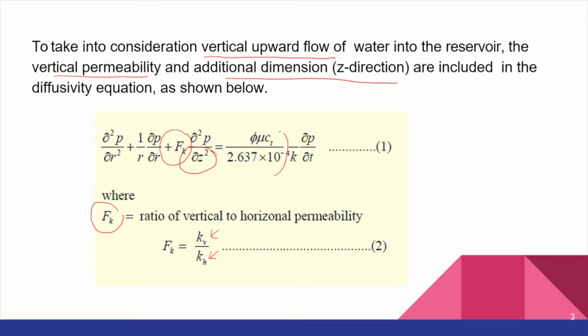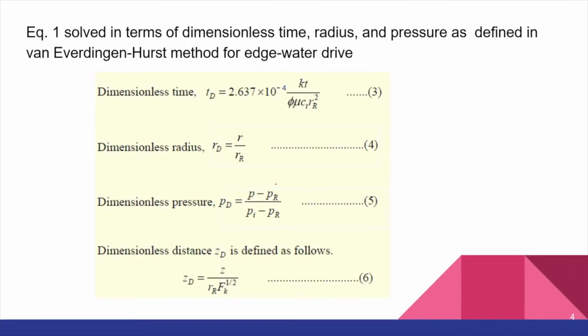And we will use this equation. For the dimensionless time, radius, and pressure, it is similar to the VEH method. But for TD, you use 2.637 times 10 to the minus 4 kT over porosity mu Ct R squared.